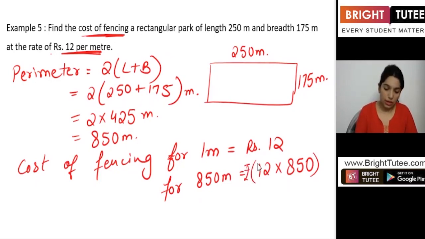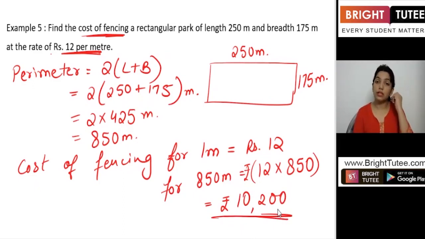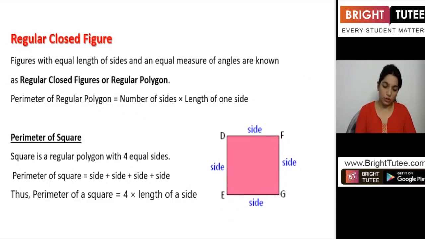Okay, so 850 times 12 gives the answer 10,200. So this is the cost of fencing this particular field with the perimeter 850 meters, and the cost will be 10,200 rupees.